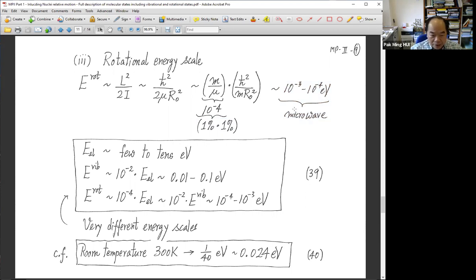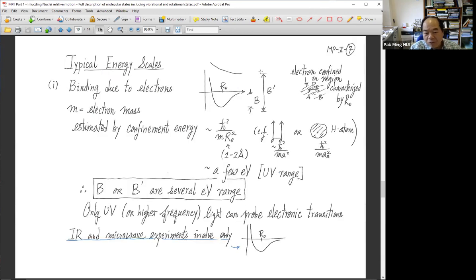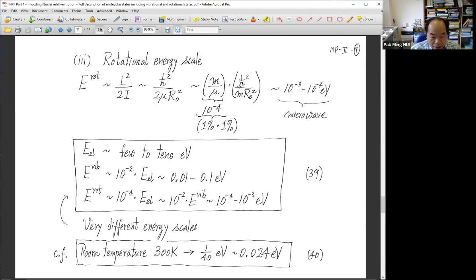So let me summarize. The three terms, not counting the quantum number, the characteristic energy scale, h bar omega, h bar over 2i, they have very different energy scale. The first one is several eV to 10 eV.